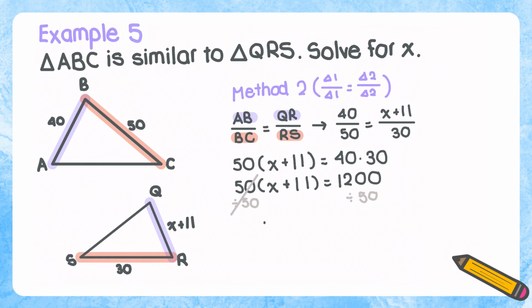This crosses out. We have x plus 11 equals 1200 divided by 50, which equals 24. From here, let's subtract 11 on both sides, and we find that x equals 13. We've solved for x by using the idea of proportions.